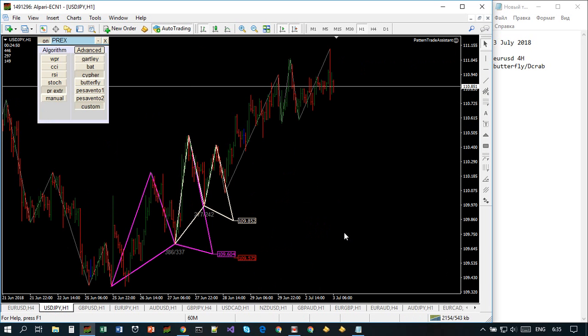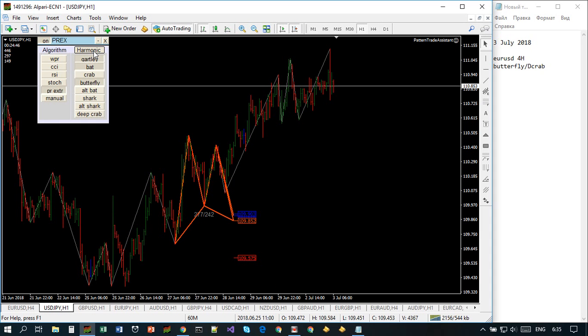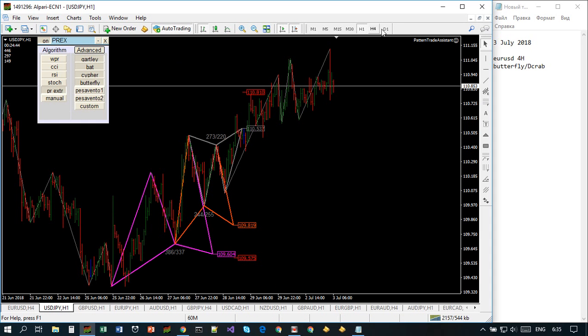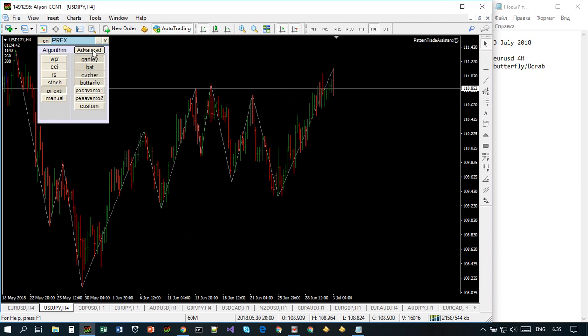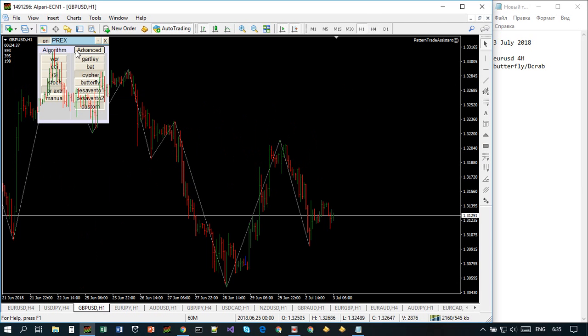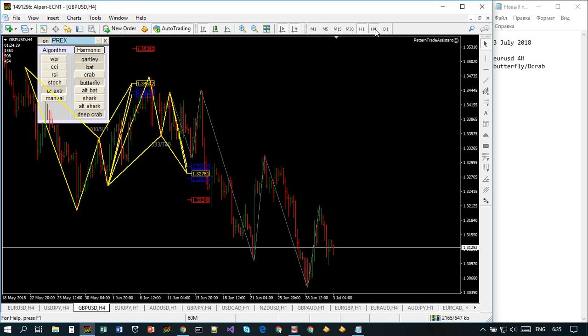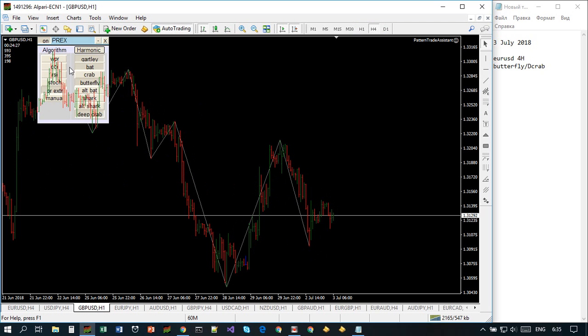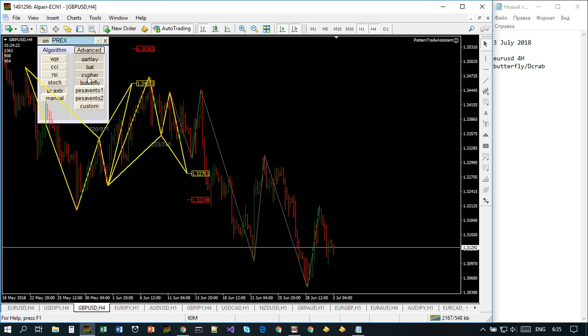Perfect. If we go to Dollar-Yen, 1-hour harmonic patterns nothing, advanced patterns nothing, 4-hour advanced patterns nothing, harmonic patterns nothing. Switch to Pound-Dollar, harmonic patterns nothing, maybe a deep crab, and 4-hour, sorry, advanced patterns nothing as well, 4-hour advanced patterns and harmonic patterns.